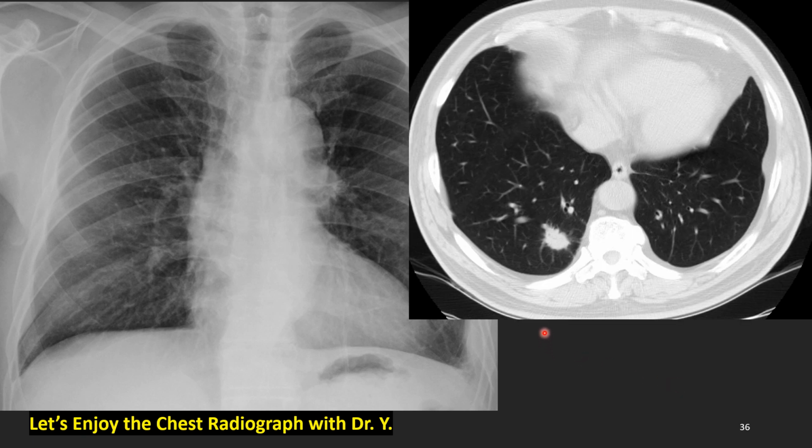On this axial CT, we found 1.5 centimeter speculated adenocarcinoma in right lower lobe, but it's just behind the right heart border, inside the right heart border, so that's not possible to identify for us with this chest radiograph. It's impossible to find out this lesion with this chest radiograph.